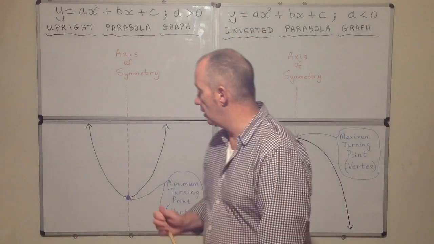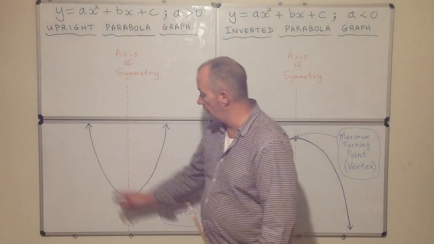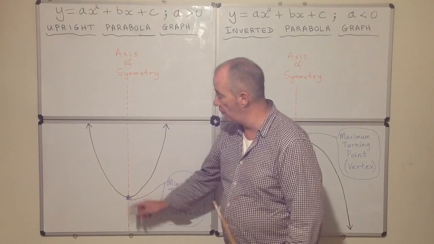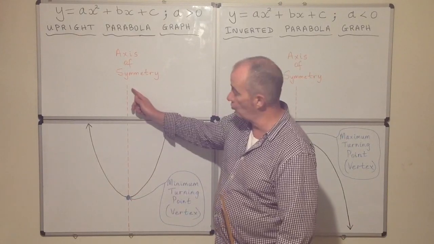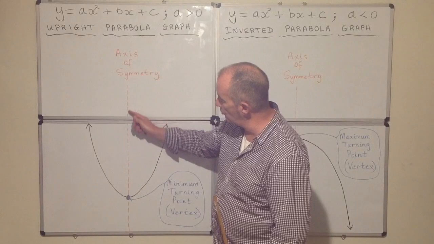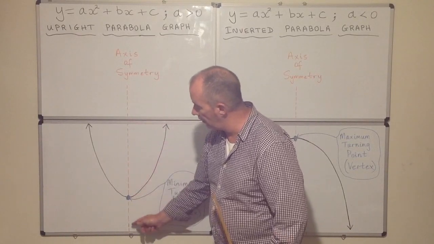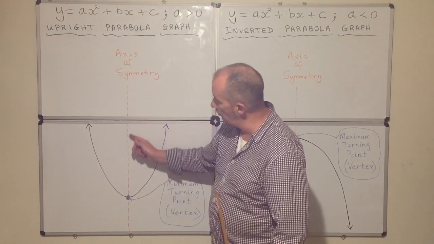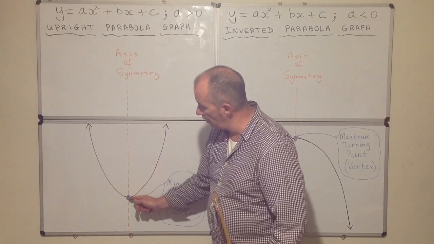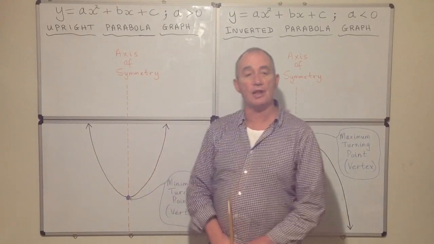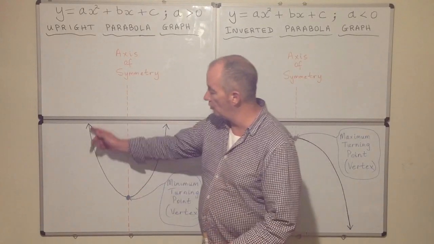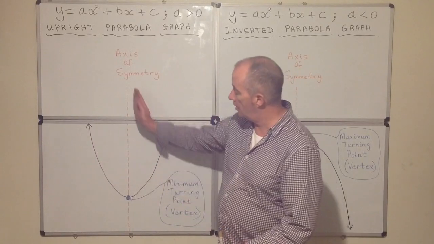So here's our parabola curve. There's the minimum turning point. The axis of symmetry, I've drawn a red dotted vertical line there. That red dotted vertical line going straight through the turning point, that's the axis of symmetry for this upright parabola.